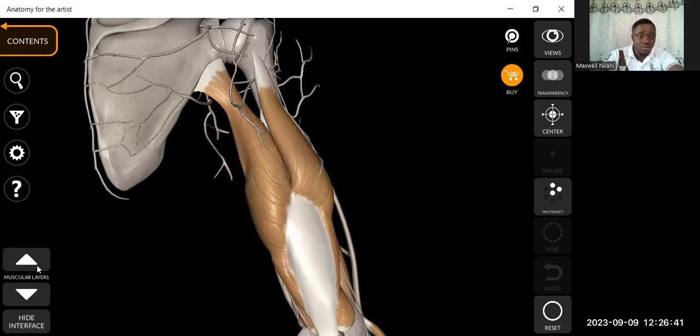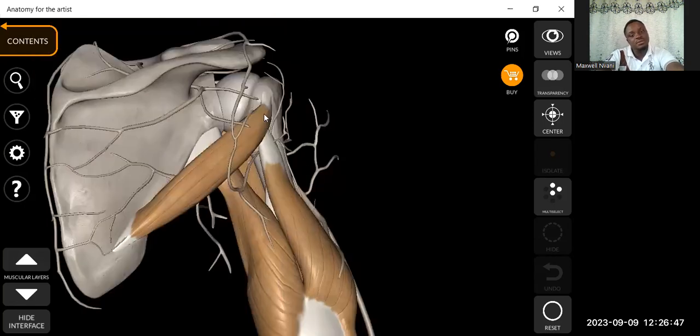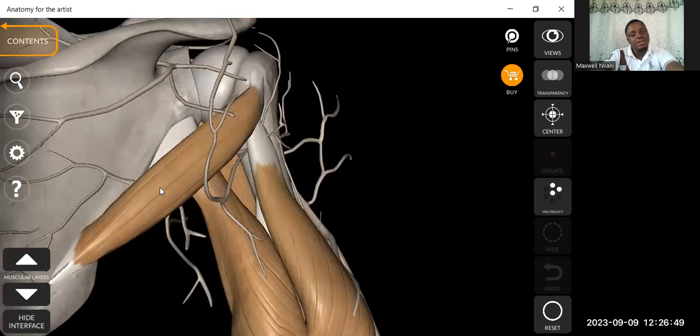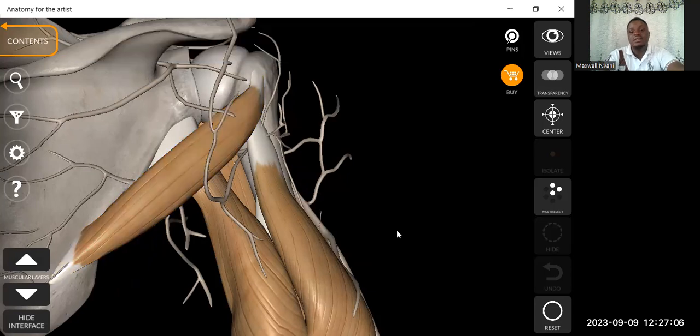So let's proceed. Now, at the greater tubercle, there are three muscles attached there: at the lower impression, the middle impression, and the upper impression. The lower impression gives rise to the teres minor. I use the mnemonic SIT. The T there is for the lower, which is teres minor.